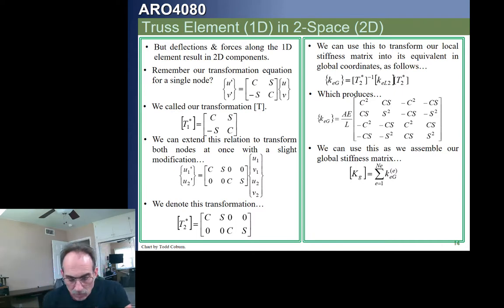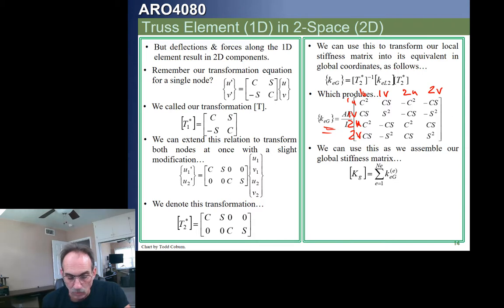Remember before we said node 1, node 2, but now what we're going to do is say node 1 in the U, node 1 in the V, node 2 in the U, node 2 in the V. Got that? So that's how that relates with this 4x4 matrix.